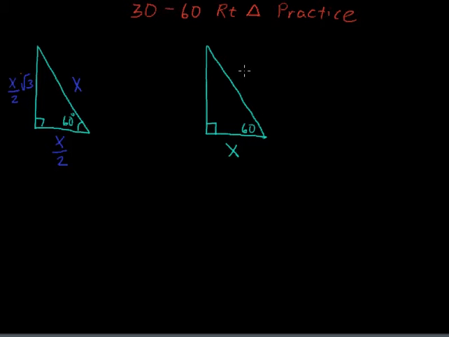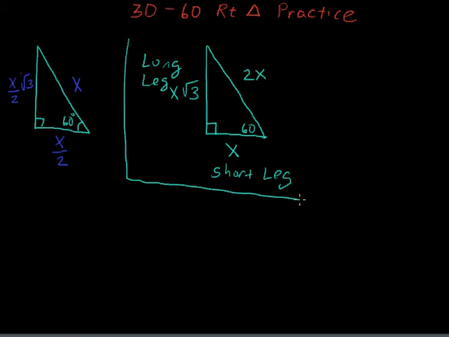That means the hypotenuse is 2 times the short leg, and then the long leg is square root of 3 times the short leg. I find that to be the easiest way to remember it. So again, short leg, hypotenuse, and the long leg. And if you remember it this way, it makes it really easy to do all the things you need.